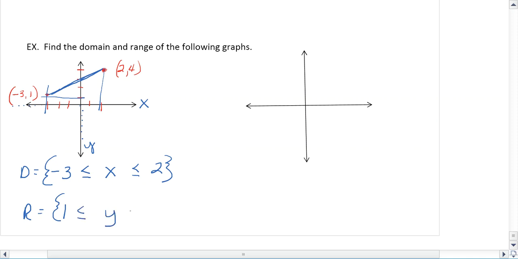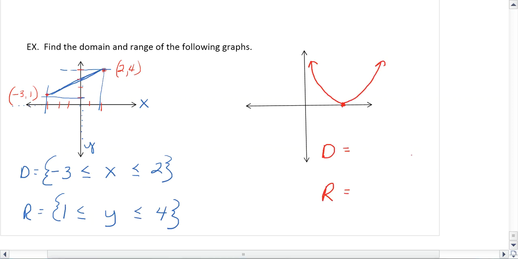Range is y values, so I use the y variable. Okay, it exists here at 1, it exists at 2, 3, but right here at 4 is the upper boundary of the range. Closed circle, so 4 is included, so I would say less than or equal to 4. And that's how we state the range when there's limits on it.